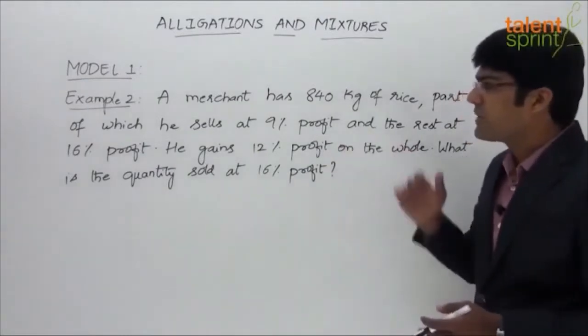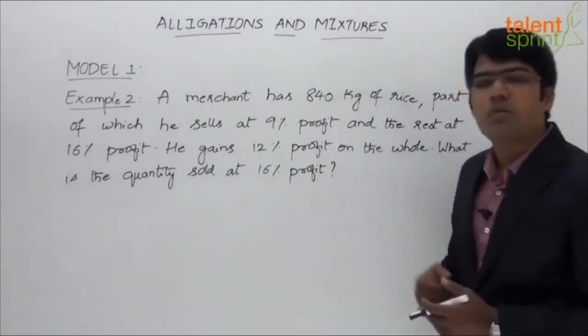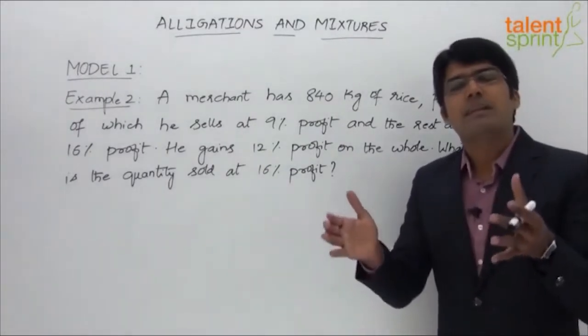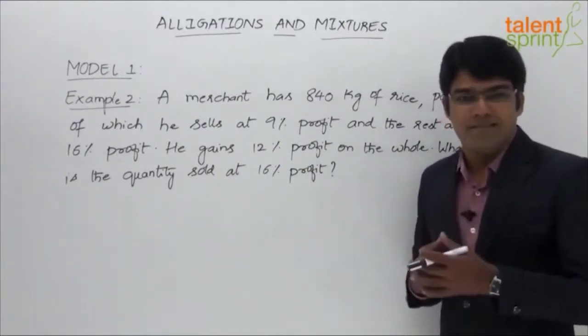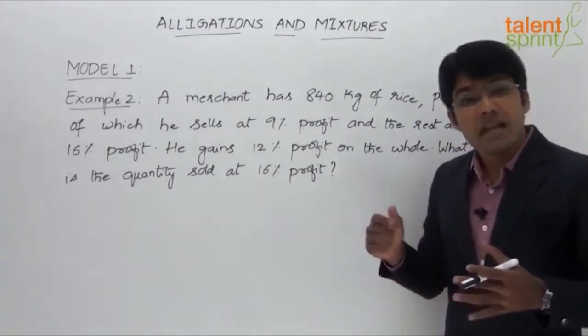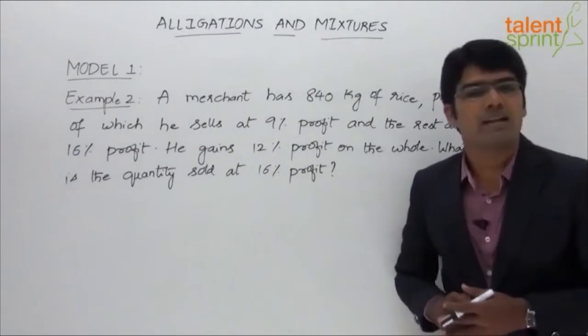The simple solution for this question can be obtained by applying the alligation rule on the given profit percentages. If you understand the question here, the complete 840 kgs is like a mixture of two parts of rice. The first part is sold at 9%, second at 16%, and when you combine both the parts, we get the whole of the mixture which has been sold at 12%.